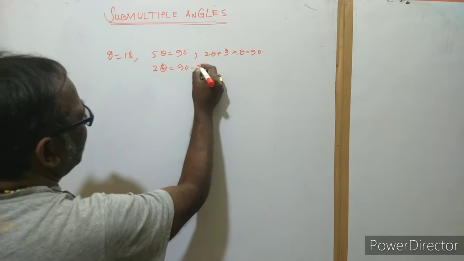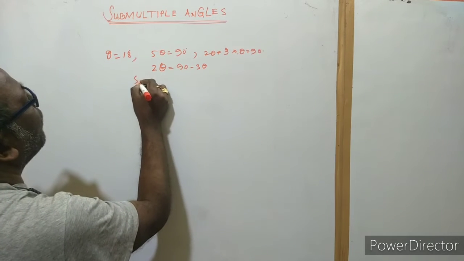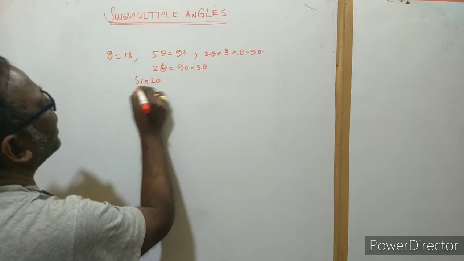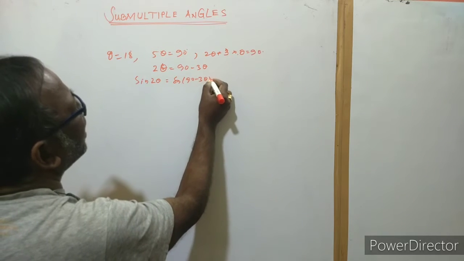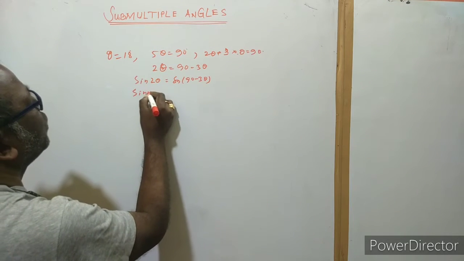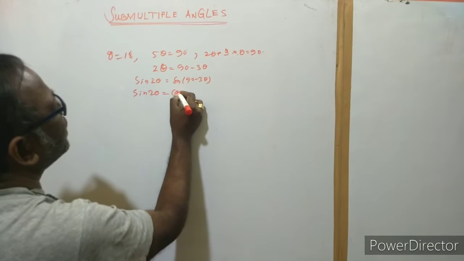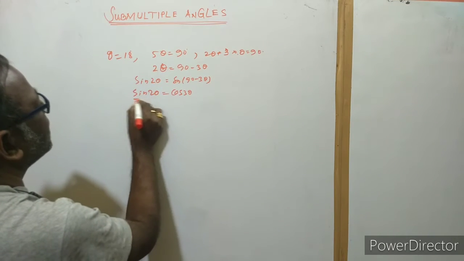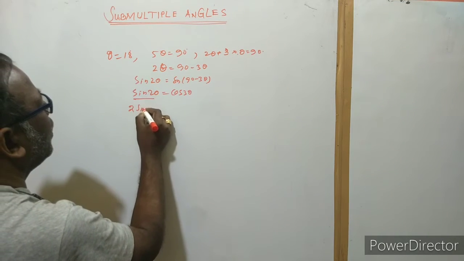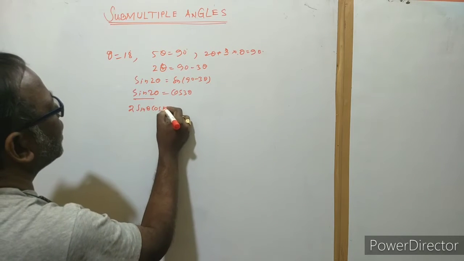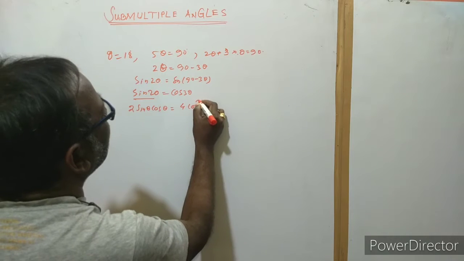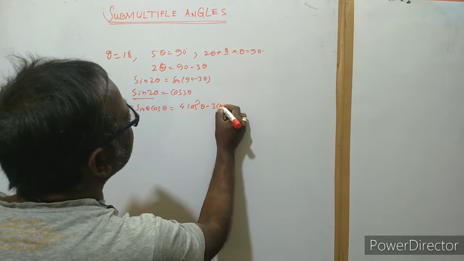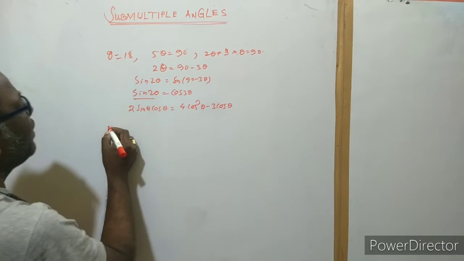Now we want to find sin 2 theta and sin of 90 minus 3 theta. Then this is sin 2 theta, and this is cos 3 theta. This is 2 sin theta cos theta, and this is 4 cos cube theta minus 3 cos theta, transferred to the left hand side.